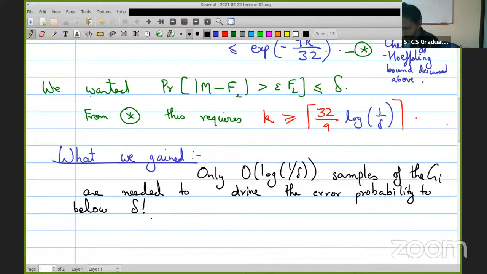So there are two kinds of error parameters. One is an accuracy parameter epsilon, the other is the error probability delta. And now let's see what is our total storage or work so far.